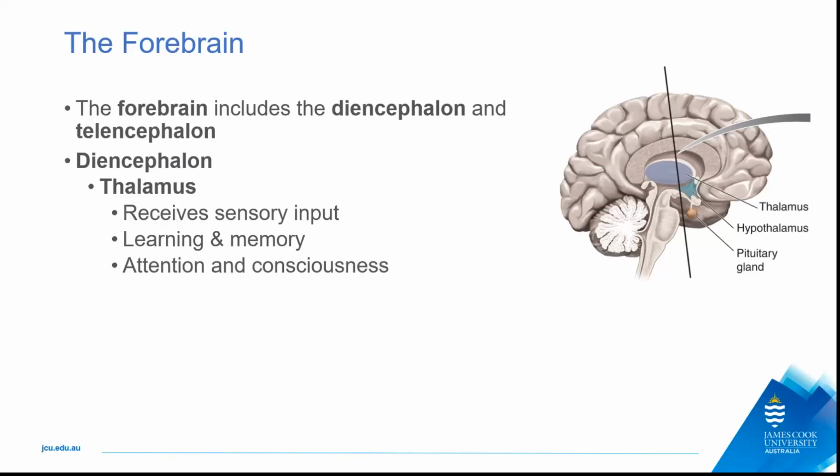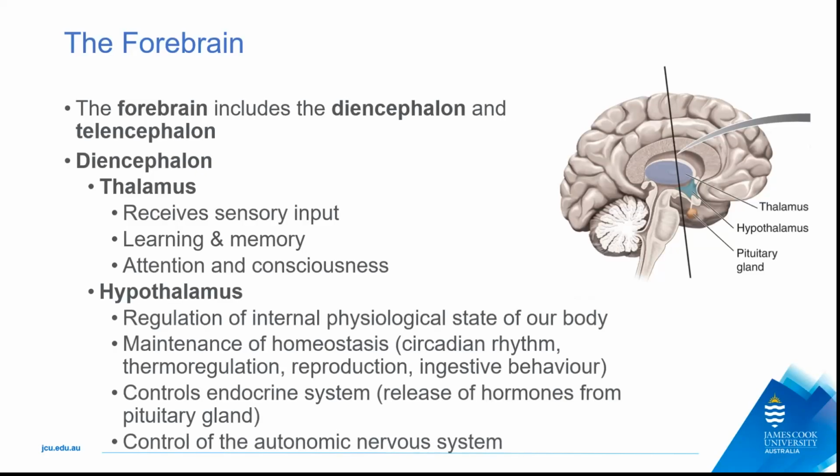Hypothalamus is very important for controlling our endocrinological functions. It's involved in regulation of internal physiological state, what we call homeostasis: circadian rhythm, thermoregulation, reproduction, as I mentioned, ingestive behavior. It also controls the endocrine system, coordinating the release of hormones from the pituitary gland.